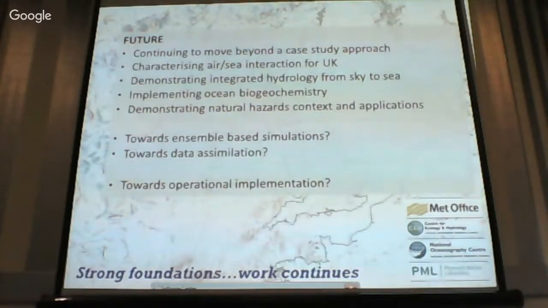My question is, you showed that coupling with the ocean wave actually improves mean square error. Am I correct? Yes. For wind speed? Yeah. Did you check the bias score as well? Because when you started from an underestimation of the wind speed, coupling with the ocean wave actually increased the underestimation.